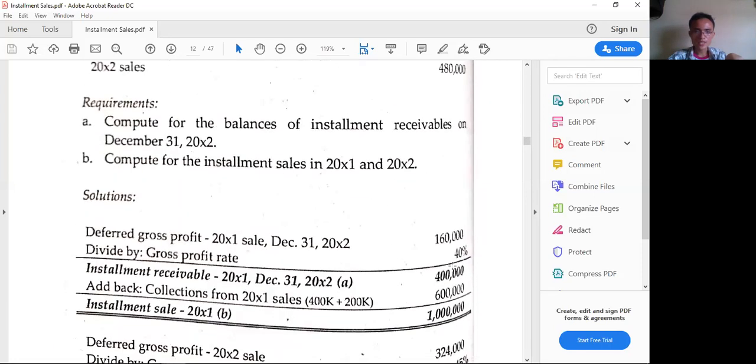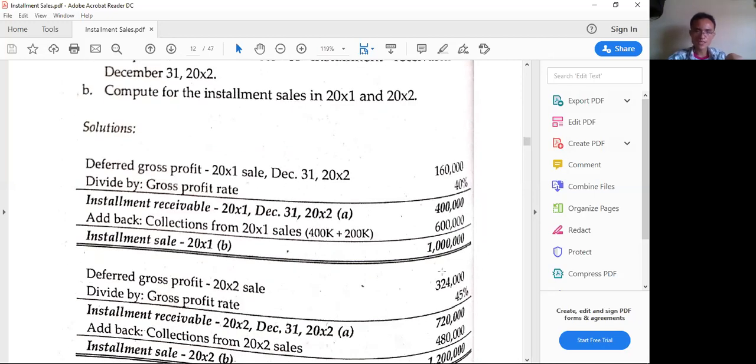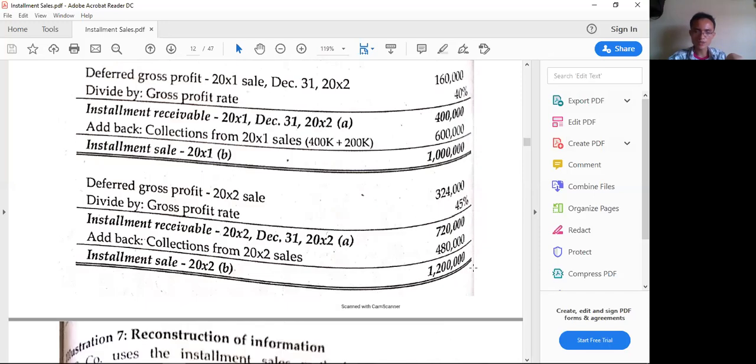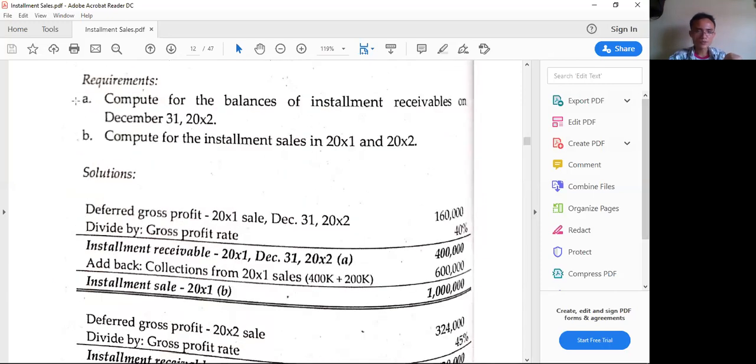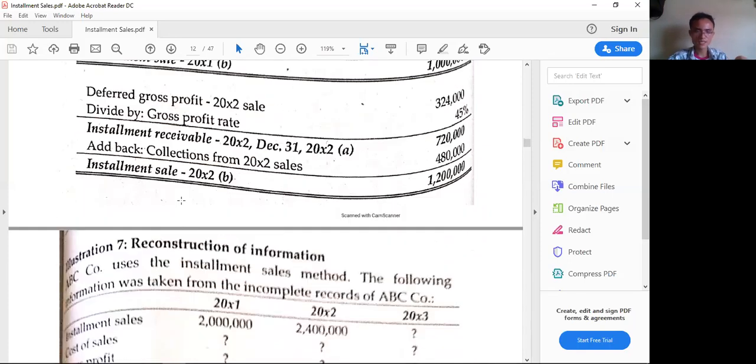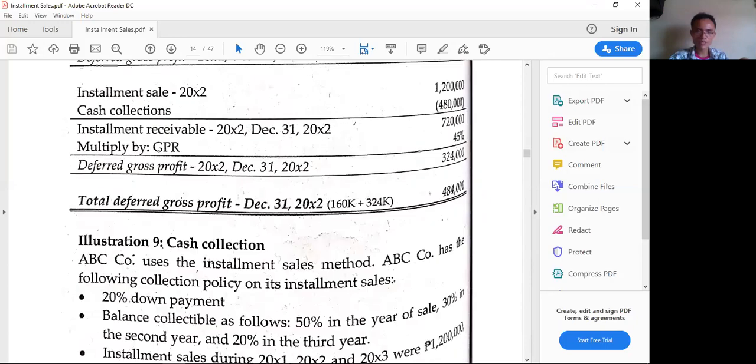These are the two answers for A. B, compute for installment sales in 20x1 and 20x2. Installment sales for 20x1 is 1 million. In 20x2, that's 1,200,000. All right. Anyway, for A and B, there could be two answers. If this is a problem that will be asked from you, there would be two answers for every requirement.